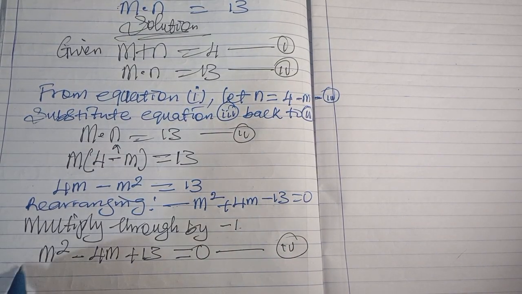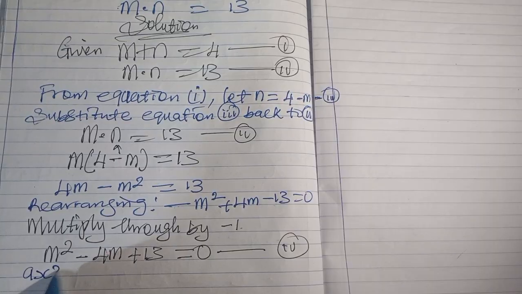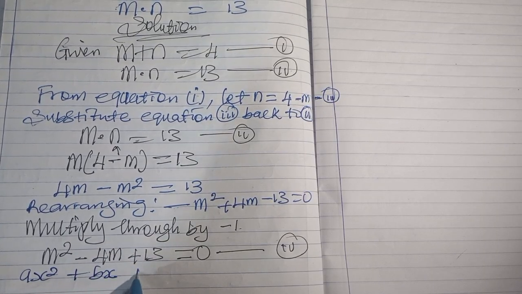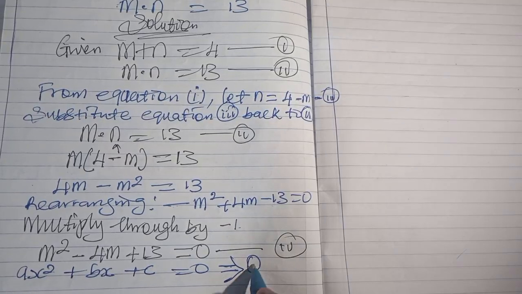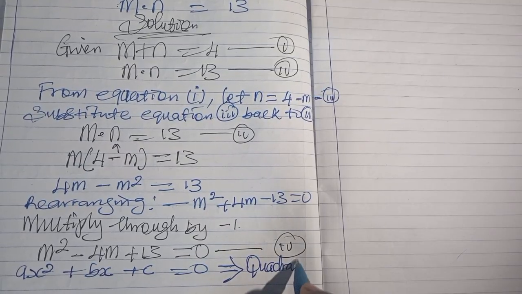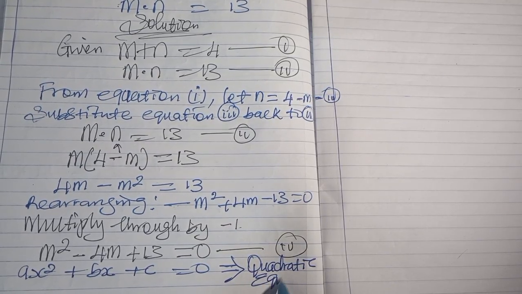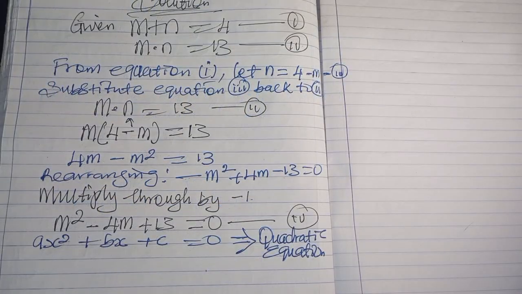Okay, this now is in the form of ax squared plus bx plus c equals 0, and this is a quadratic equation. For quadratic equations, like factorization, formula method, completing the square, please check my previous lesson.